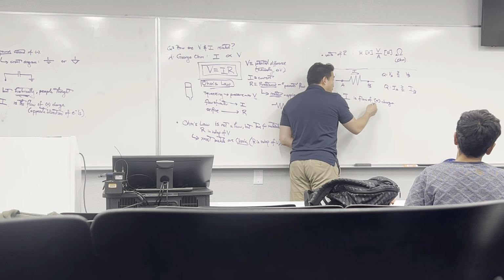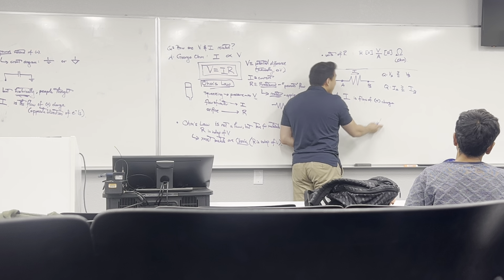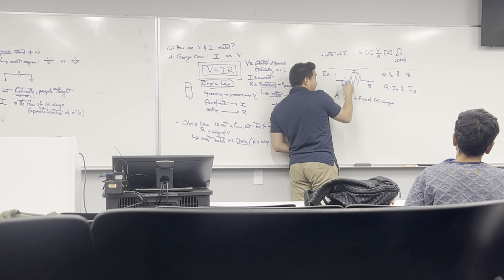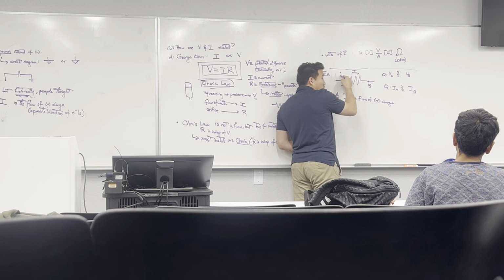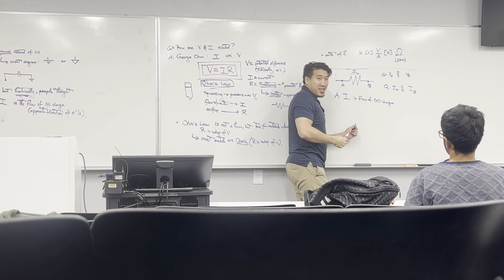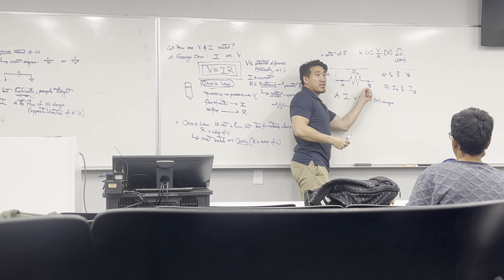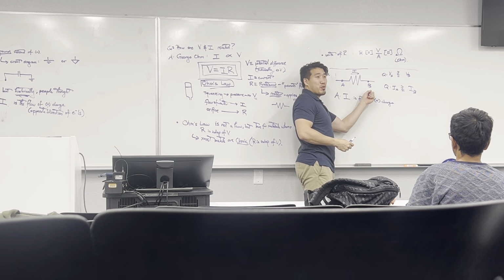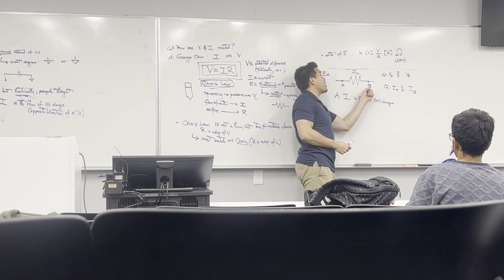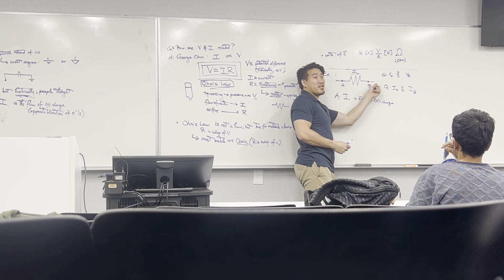If I is a flow of positive charge, and I is going from A to B, which one of these is more positive? Is A more positive or B more positive? B, because they're flowing to the right? If B is positive, then you're going to have positive flowing to the positive.